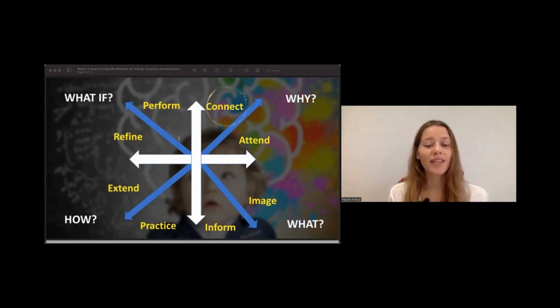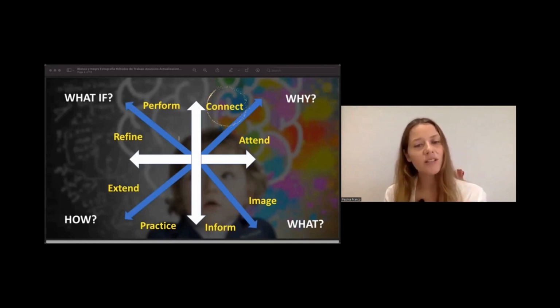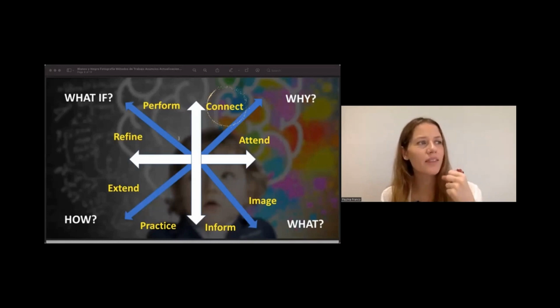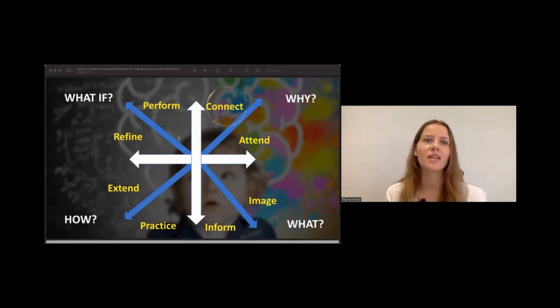So remember that the key is to engage the student, connecting to what they are doing already and with what they are learning from you, and make them feel they can apply this in their personal lives.